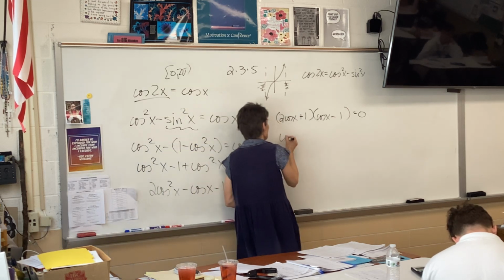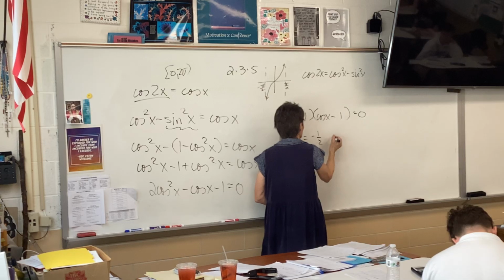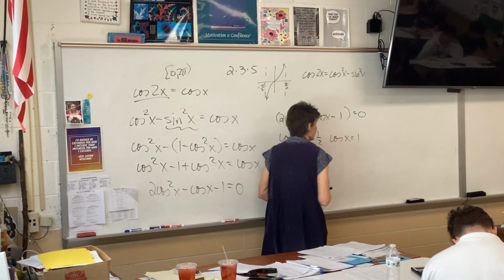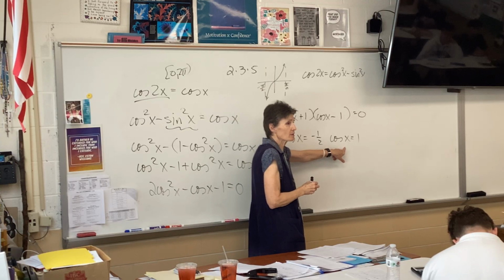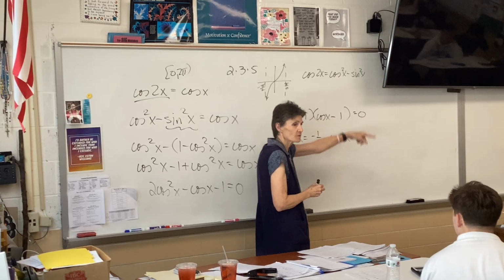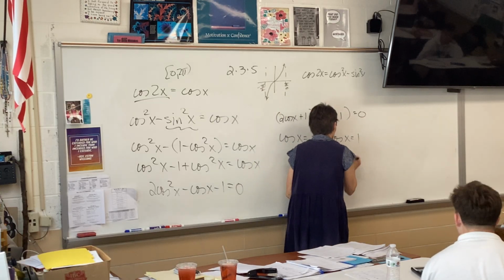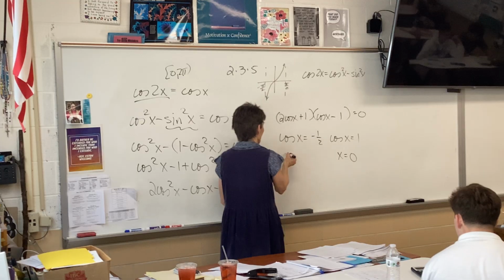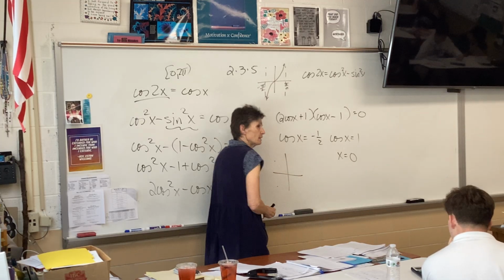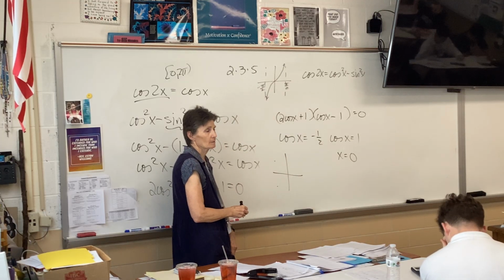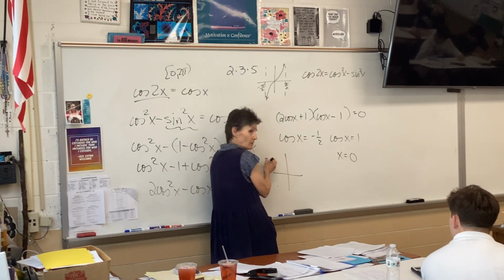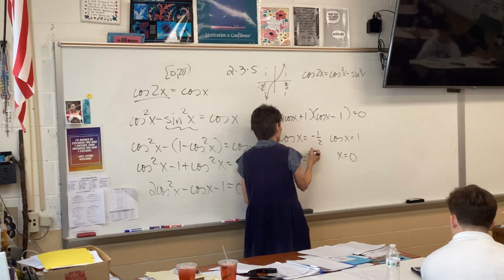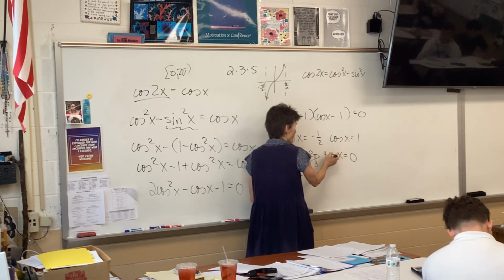So cosine is negative 1/2, or cosine is 1. That's the easiest. Where is the cosine 1? And where is the cosine negative? Over here. And it's pi over 3 angle. So 2 pi over 3, 4 pi over 3, is it?